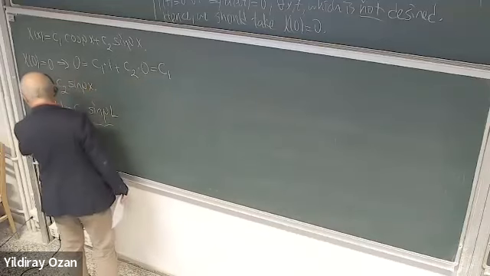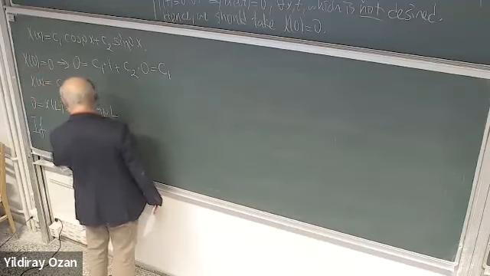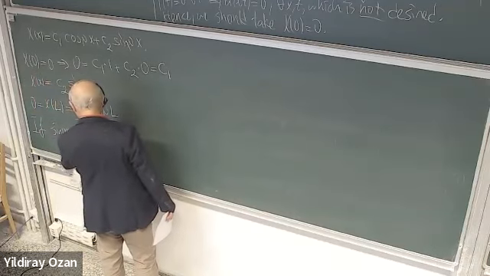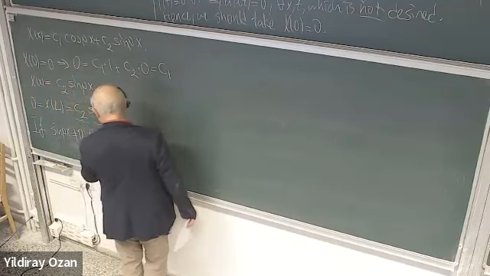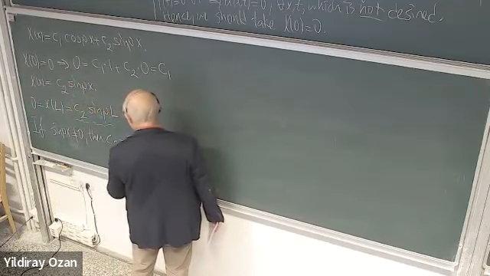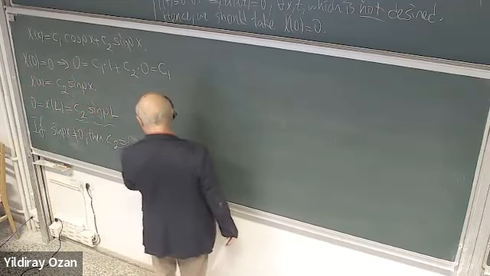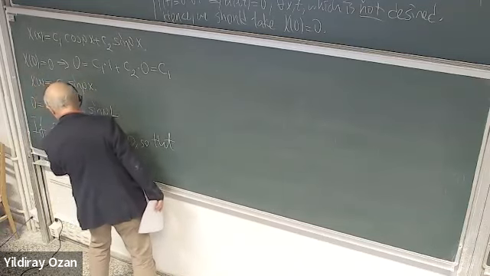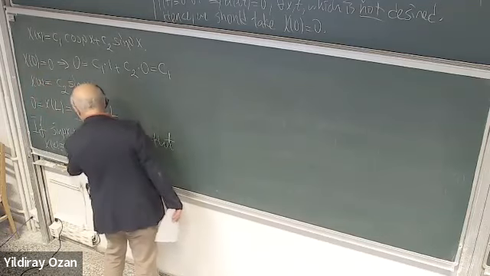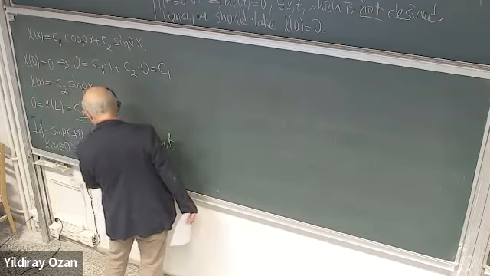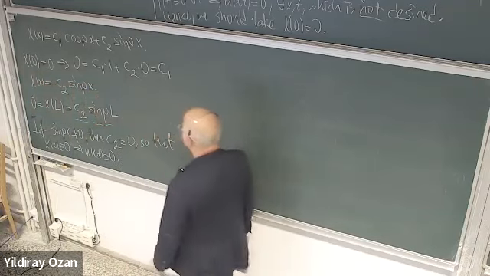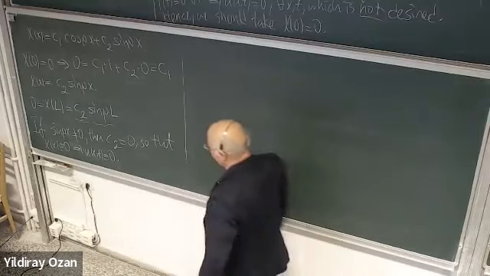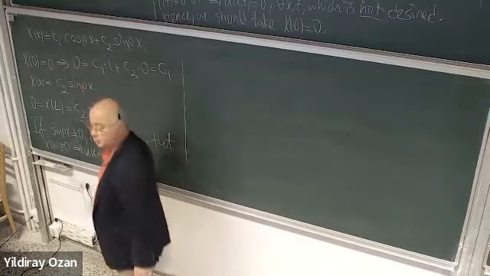So if sine mu L is not 0, then C2 would be 0. So that again X of x would be just the 0 function, which is not interesting. Therefore, this factor should be 0.